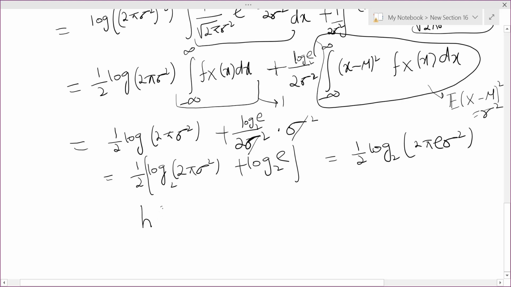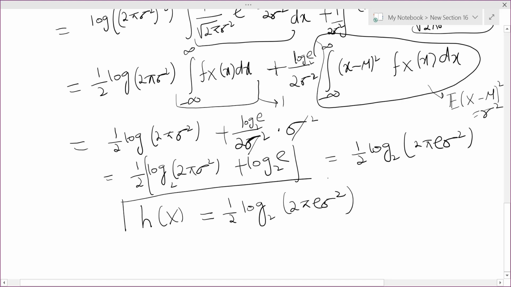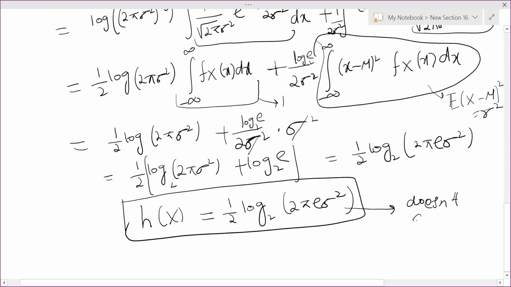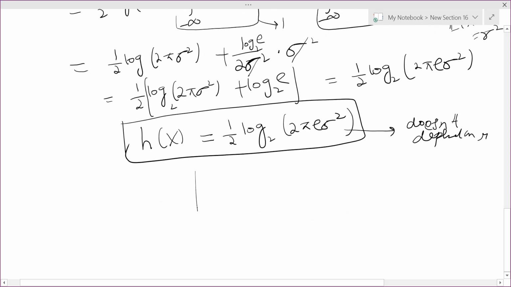This is the differential entropy of a random variable which is Gaussian distributed with mean mu and variance sigma square. One thing we see is that it doesn't depend on mu, and it should not, because the Gaussian distribution is centered around mean mu. Mu does not affect the uncertainty. What affects uncertainty is this width.